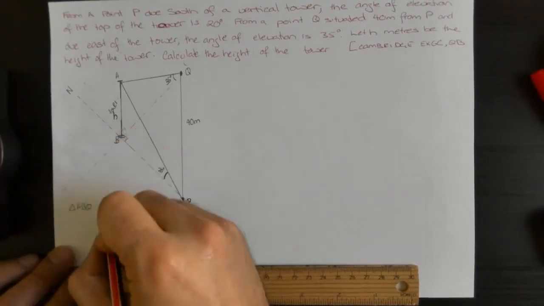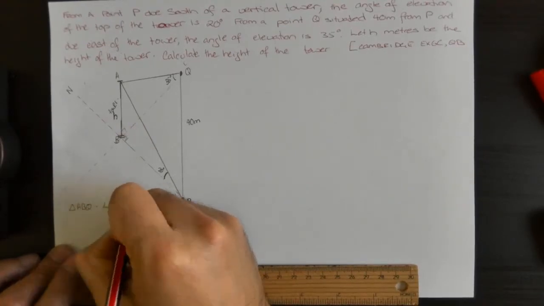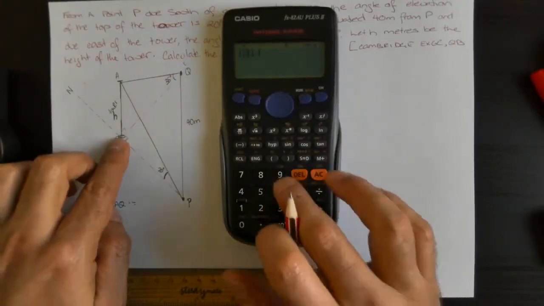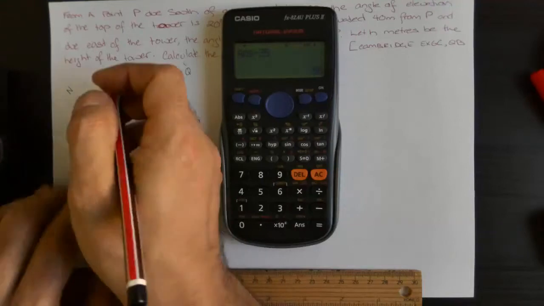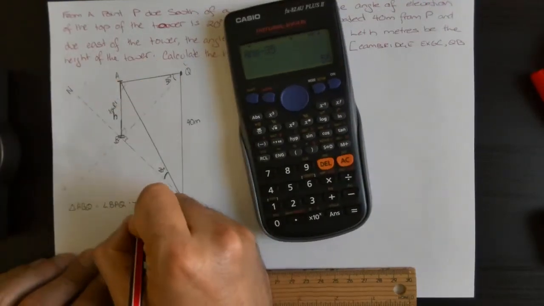angle BAQ will have to equal 180 take away 90 take away 35. So this angle up here is going to be 55 degrees.